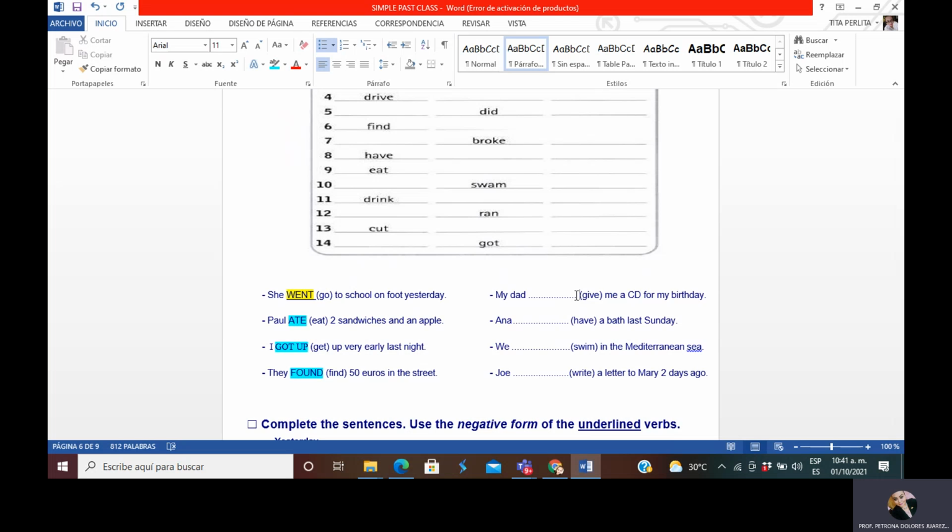Mi papá me dio un CD para mi cumpleaños. Para decir me dio, voy a utilizar el verbo give en pasado, que sería gave. Gave, in this case, is gave because it's irregular and it has to have a different inflection. Wait a second.